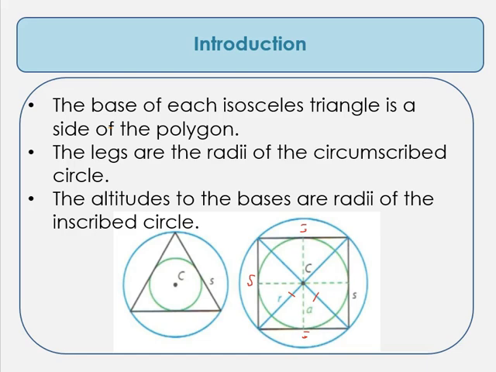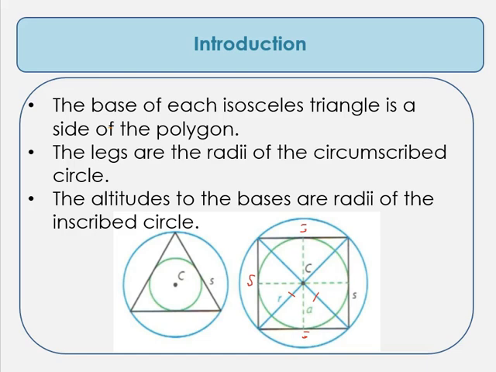We've got radius, and we have a leg, and this leg is actually also the radii of the outer circle, the circumscribed circle. So if the leg of this isosceles triangle is a length of 4, the radii of the circle is 4.